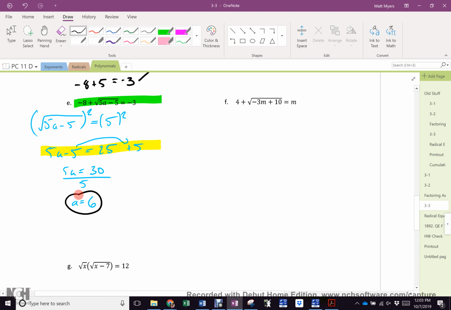Now, the only extra thing here is we have to make sure that anything under a radical sign is positive, because we can't have a square root of a negative number, right? So I have to check that 5a minus 5 is greater than or equal to 0. So 5a has to be greater than or equal to 5, and a must be greater than or equal to 1. Is 6 greater than 1? Yes, so we know we have the right answer.